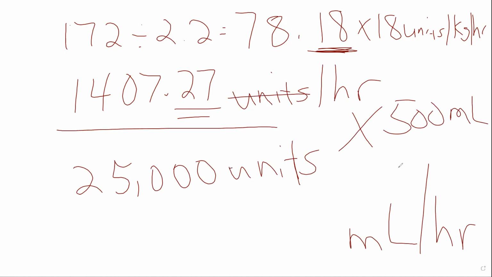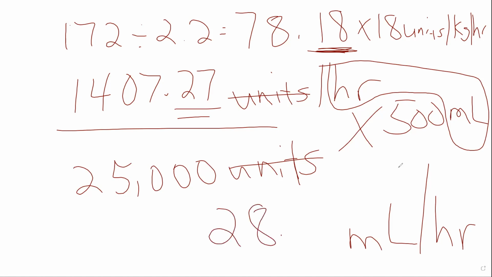Our units will cross out and we'll be left with mLs per hour. Just divide by your 25,000. You should still have everything in the calculator. And then you're going to multiply times the 500. And that should leave you 28.14. Typically, I'm going to tell you to round it to the nearest tenth.